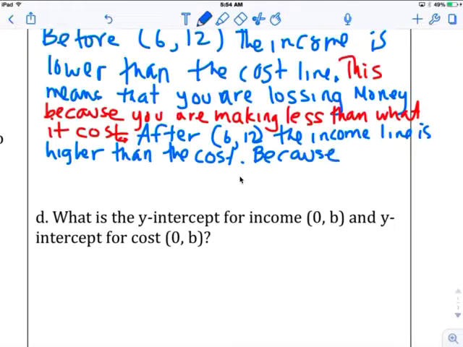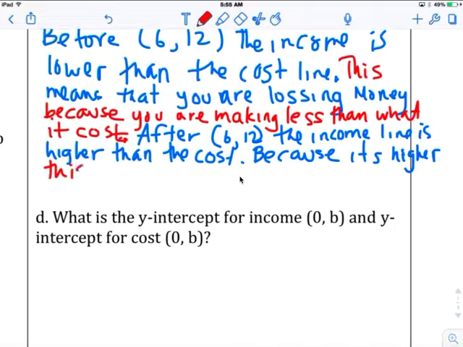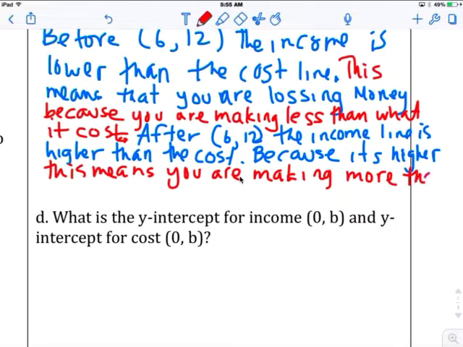Because it's higher, this means you are making more than what it costs to make bracelets.